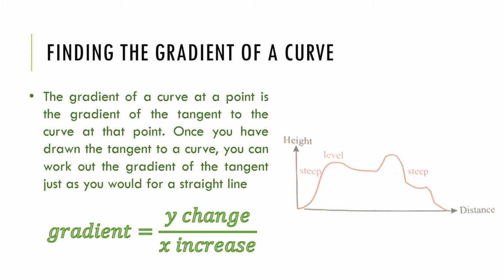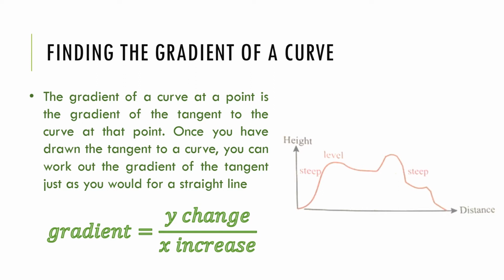The gradient of a curve at a point is the gradient of the tangent to the curve at that point. As I told you, only one point. Once you have drawn the tangent to a curve, you can work out the gradient of the tangent just as you would for a straight line.